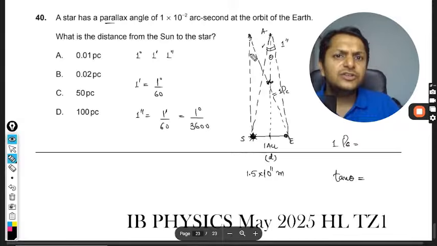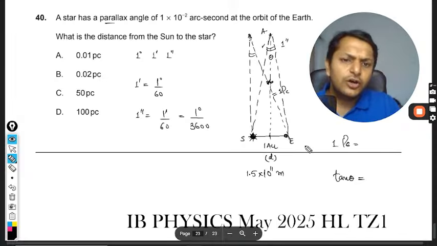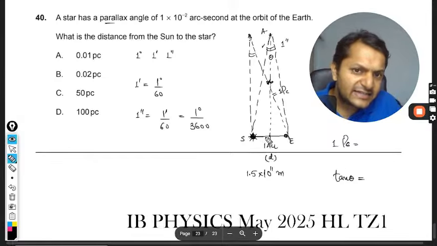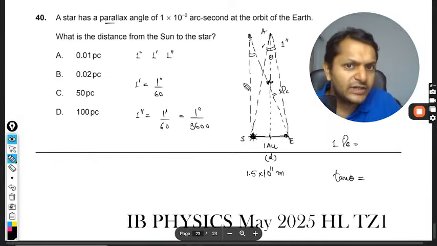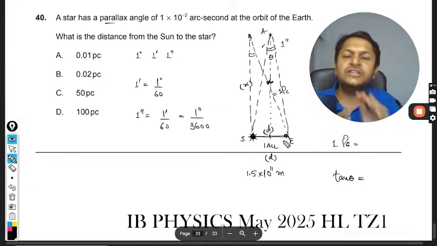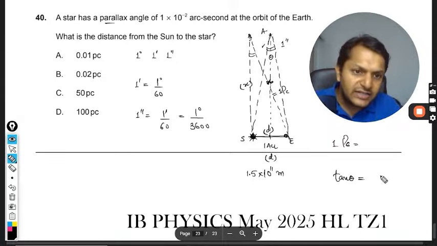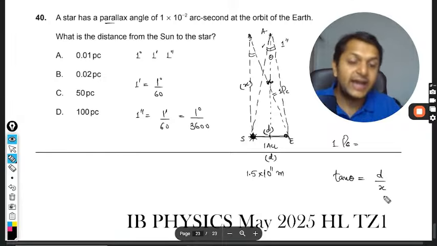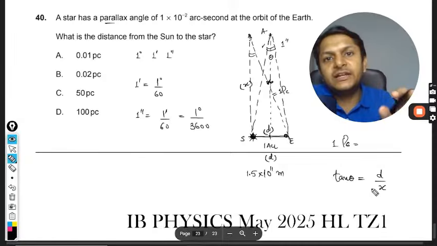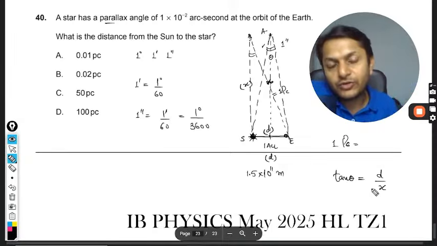So this angle will be approximately equal to this angle. So we can take tangent theta as this distance divided by the total distance, which is equal to x, and this distance is equal to d. Of course, d is equal to 1 astronomical unit, but I'm just using the word d here. So tangent theta can be written as d by x. This is the formula that we will be employing in our question here.